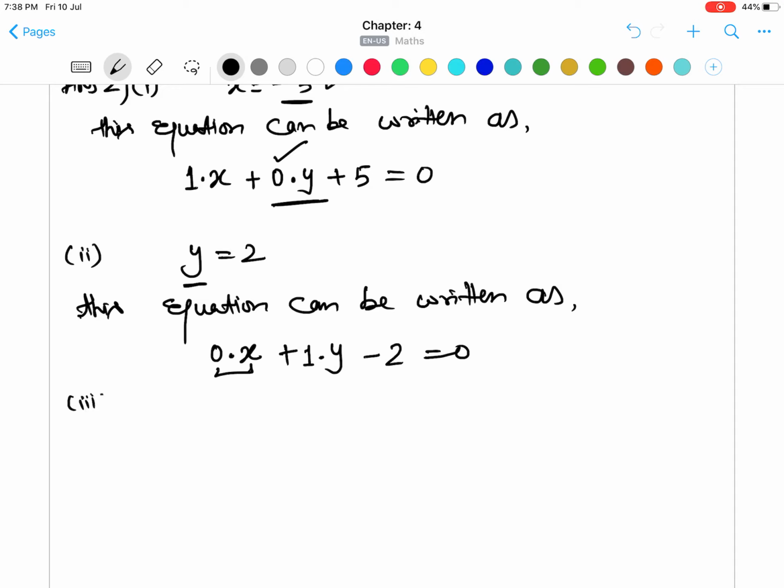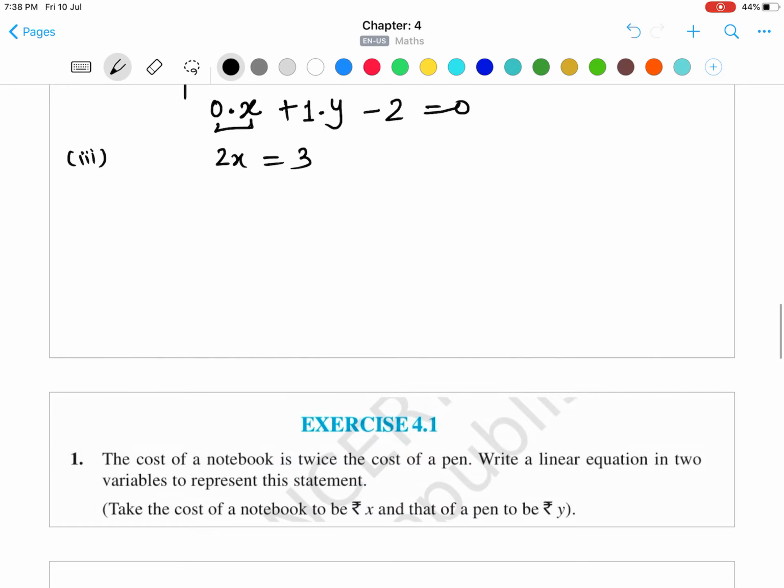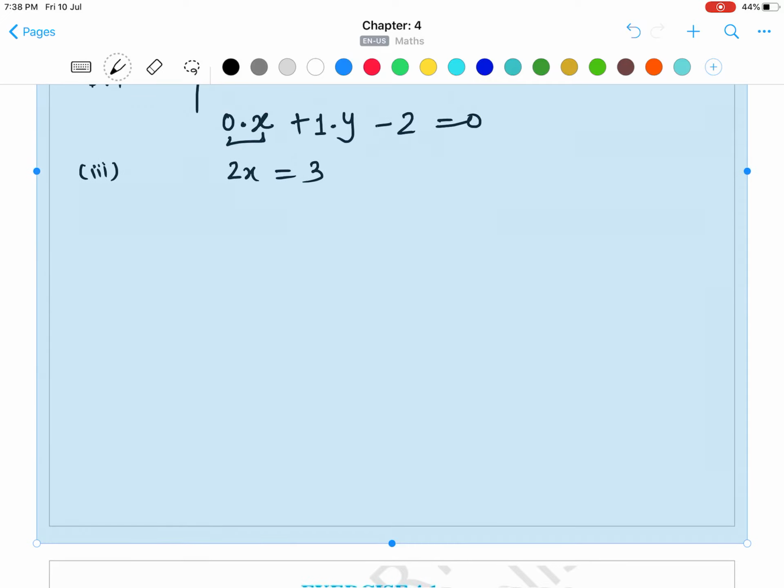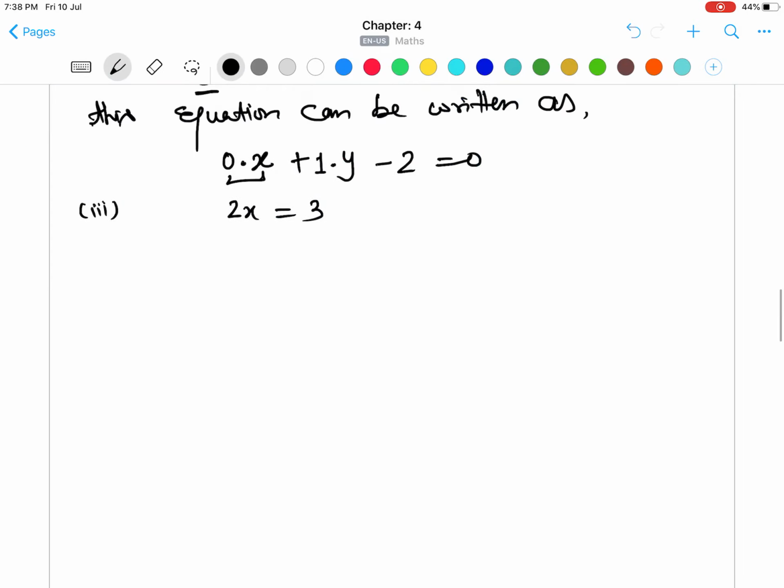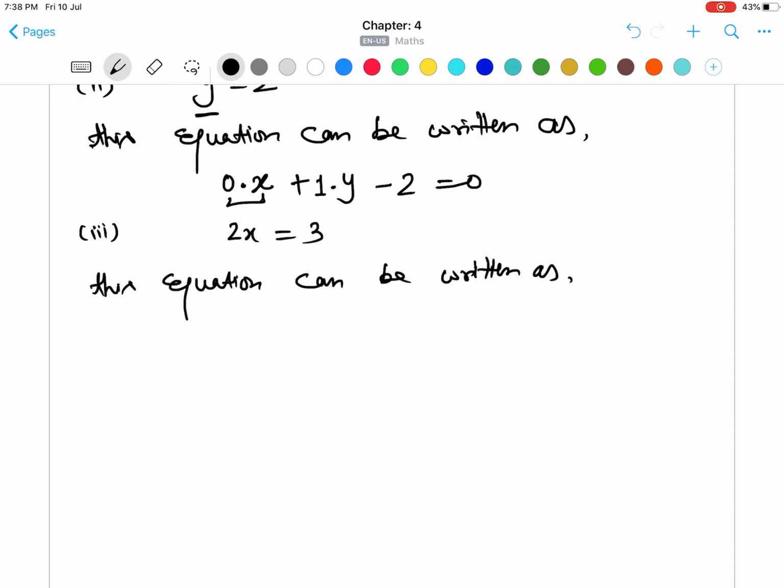Third part, we have the equation 2x equals to 3. Okay, again we can write this as, let me extend the writing area. So we'll write this equation as, again we have one variable term here which is x whose coefficient is 2.